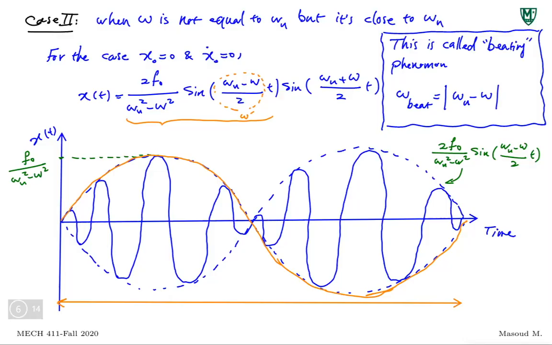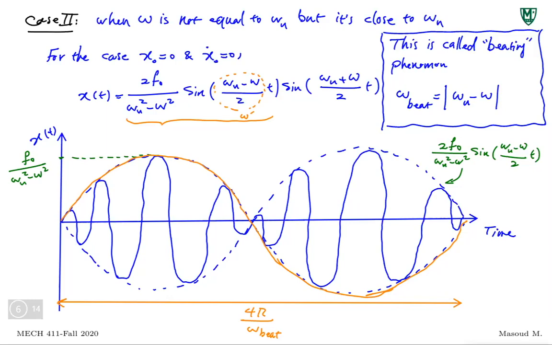If you use that one, the time period you get here would be 4 pi over omega beat. You can do the math and figure that out. Remember, this specific line is just the first part of the equation: 2f naught over omega n squared minus omega squared, sine of omega n minus omega over 2, times t.